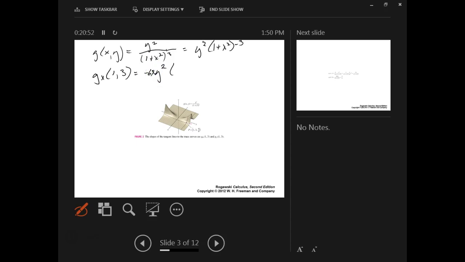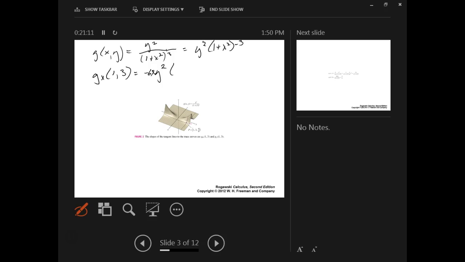The minus 3 is coming from that coefficient of x, and the y squared just stays a constant. But then you got a 2x from the inside. That's what multiplies by the minus 3, making it minus 6xy squared.